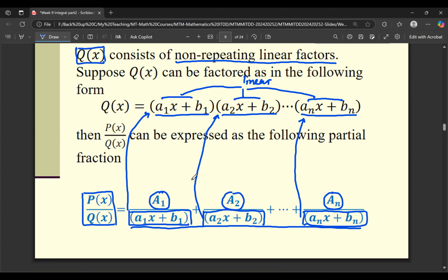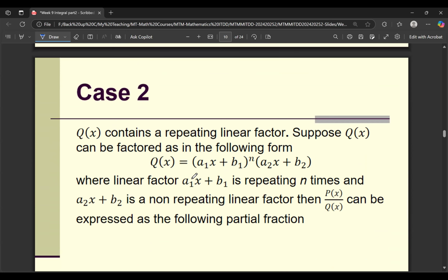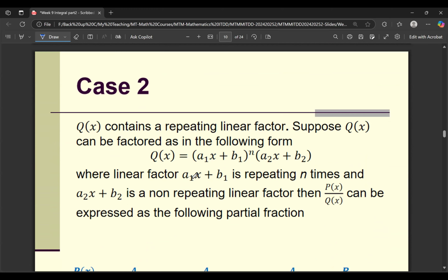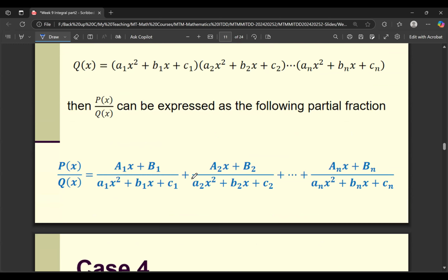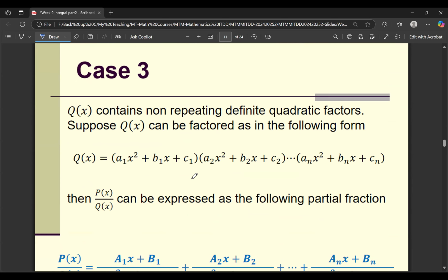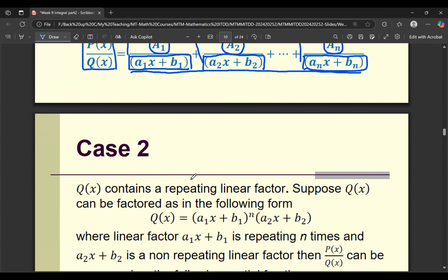We present all of the cases, then after that we give examples using numbers for each case.